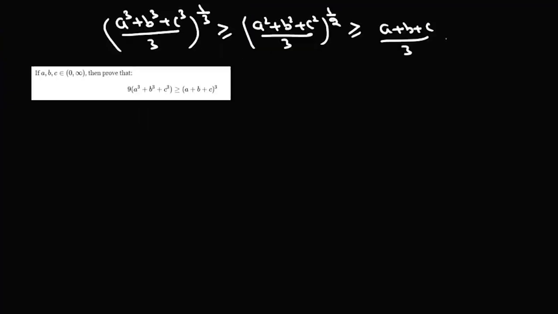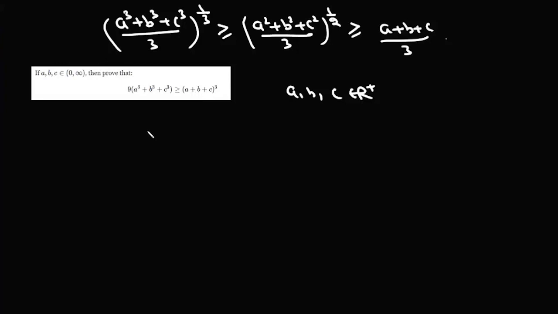Now let us take up an example. Say for example, if a, b, c are positive real numbers, we have to prove that 9 times a cube plus b cube plus c cube is greater than or equal to a plus b plus c whole cube. We can solve this question in other ways, but here we are going to solve it using power mean inequality.